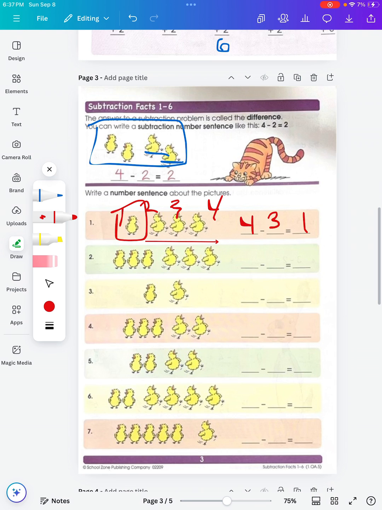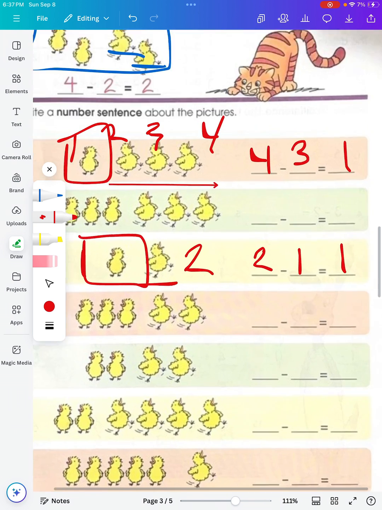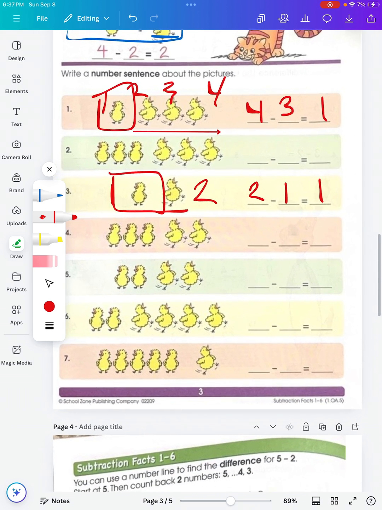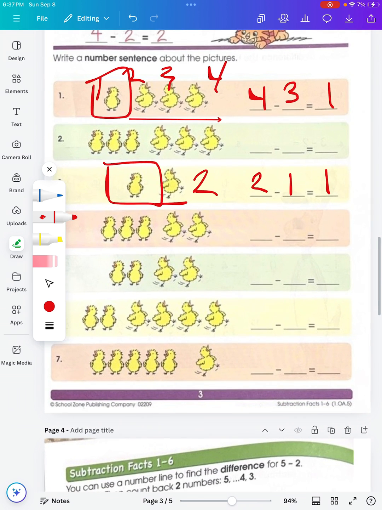Okay, question number 3. There are now 2 chicks in total, but we see 1 is leaving. So we'll write minus 1, and 2 minus 1 equals 1. And see, 1 chick stayed. And now we'll answer question number 6.